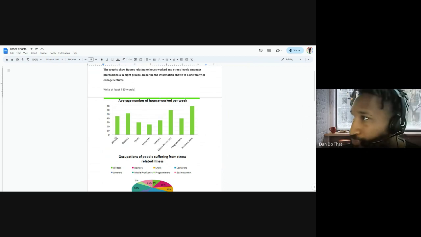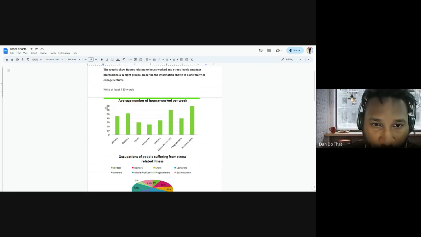All right. We need to say the numbers measured. We always say the numbers on the left are measurements, and the words on the bottom are categories. Measured in tens of hours, 10 hours, 20 hours. These are tens of hours, and split into 1, 2, 3, 4, 5, 6, 7, 8 categories of different jobs.